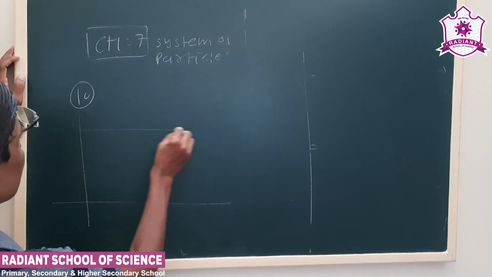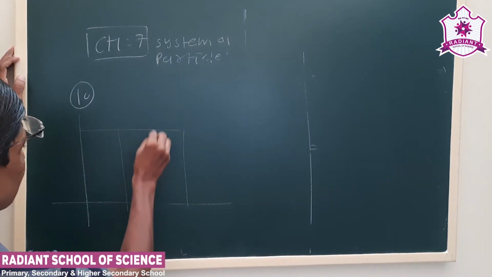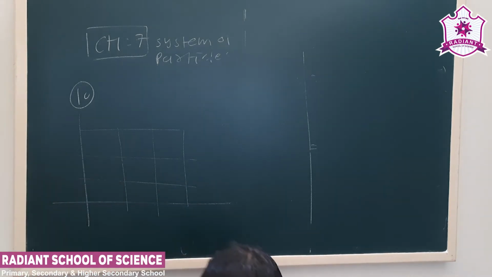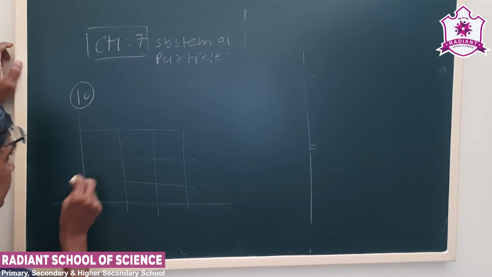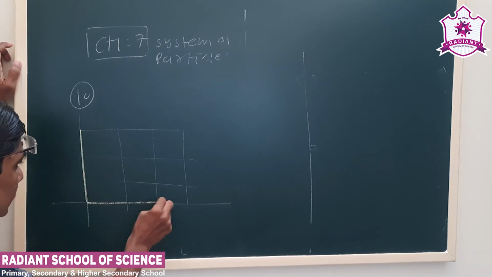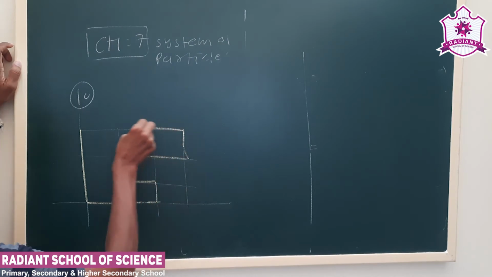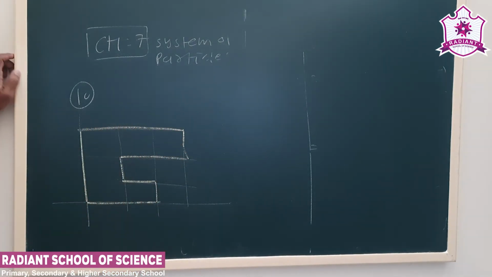Now see, here is a laminar object. Okay, see, it is in the shape of squares. Each square is of the same size.